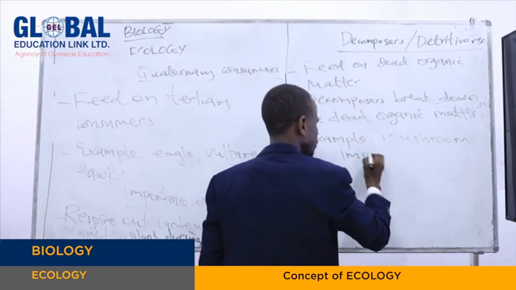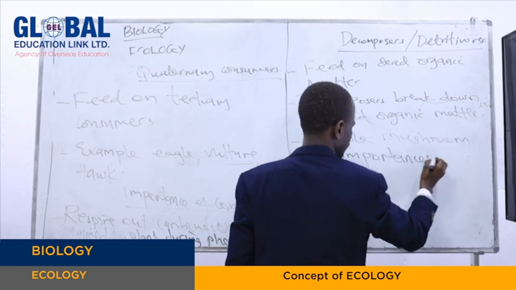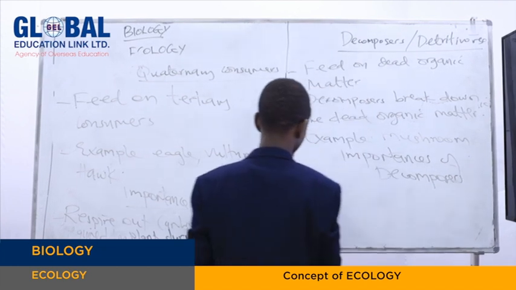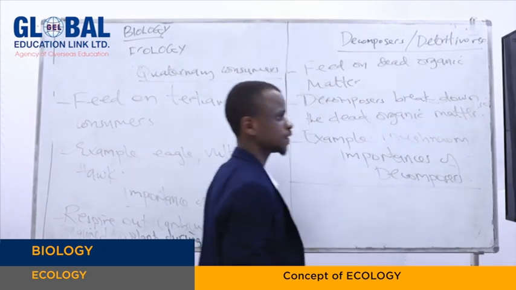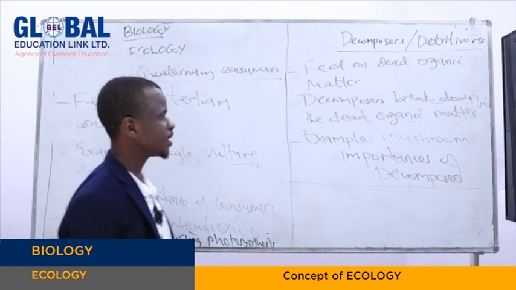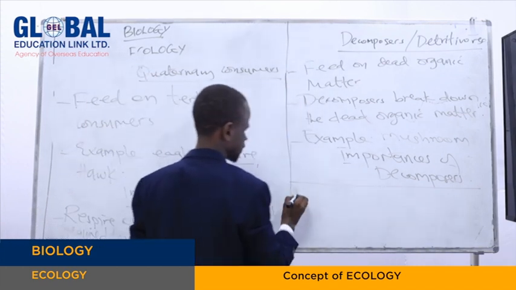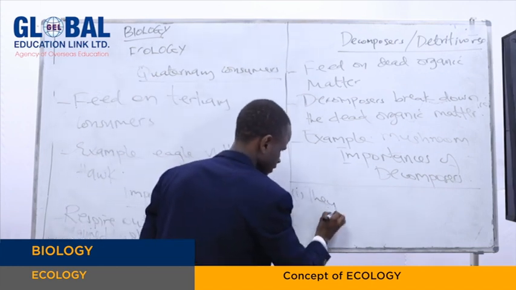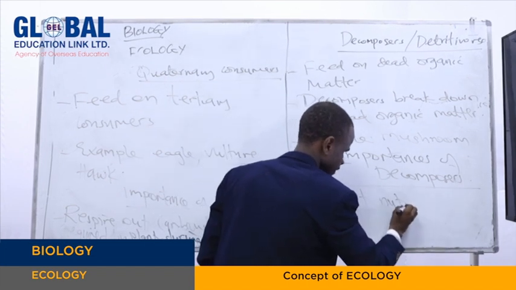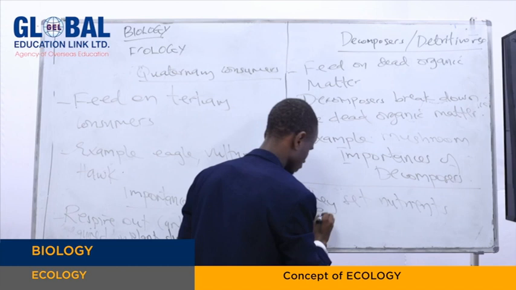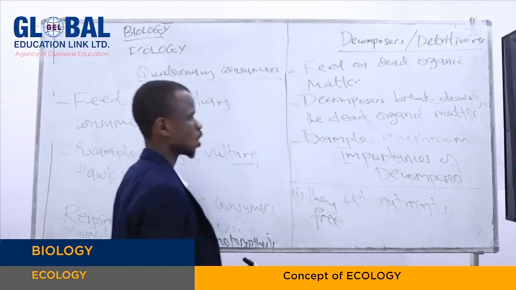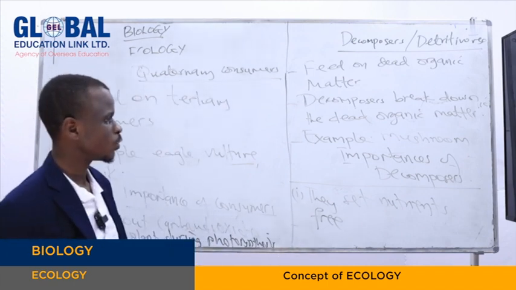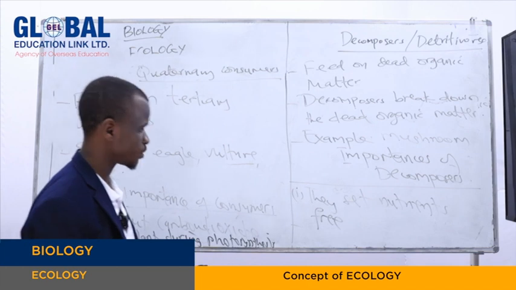What are the importances of decomposers, my students? Decomposers are very important in the ecosystem as follows. One, decomposers set nutrients free from the dead organisms, which can be absorbed by producers.